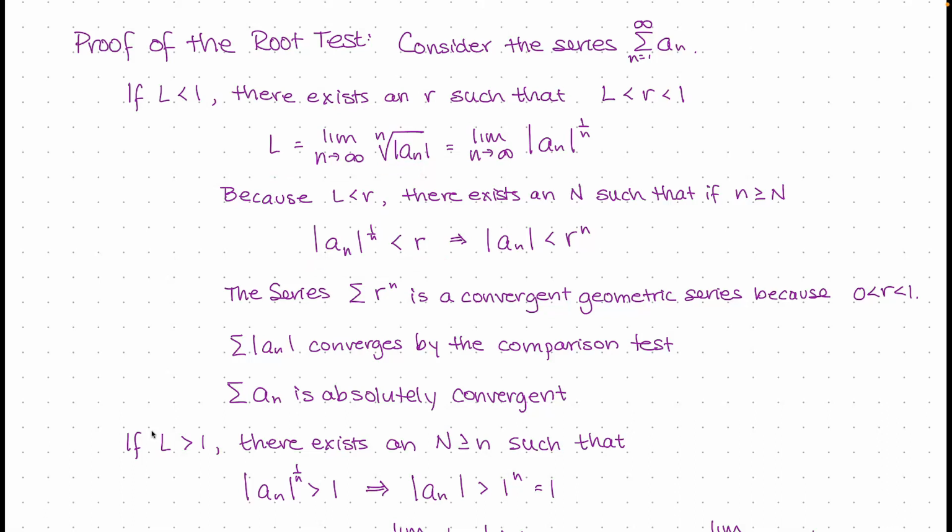Then just raising each side to the nth power, we get this. Looking at this series, that's just geometric. And remember, we've defined r to be less than 1, so we know it's a convergent geometric series. That means this series converges by the comparison test, which means our original converges absolutely. So that's what happens if L is less than 1.